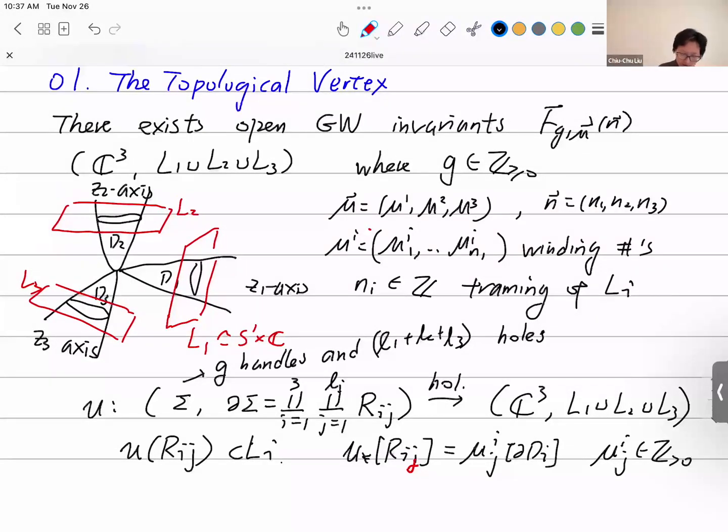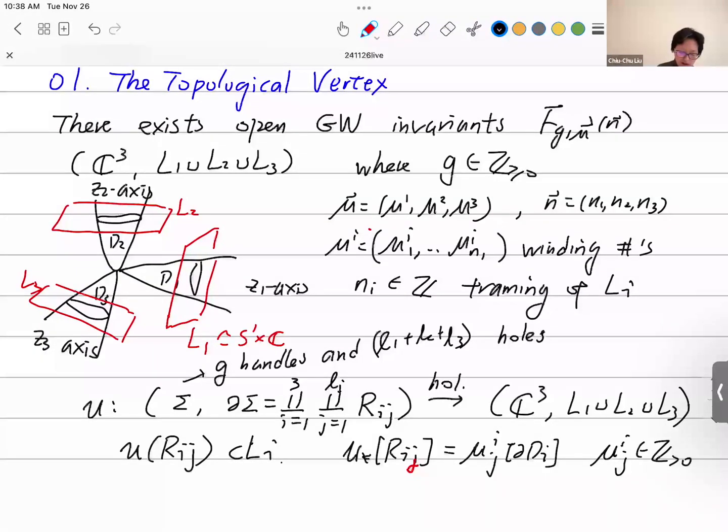So the length of these partitions tells you how many boundary circles there are. So the topological type of the domain and of the map is determined by this genus g and these three partitions.